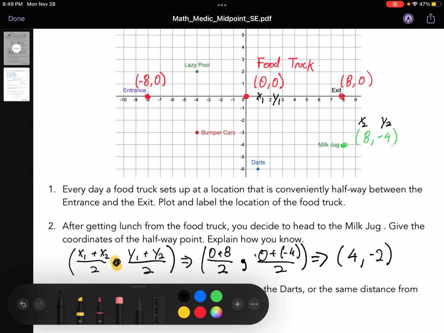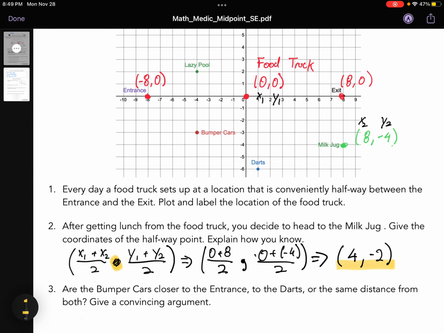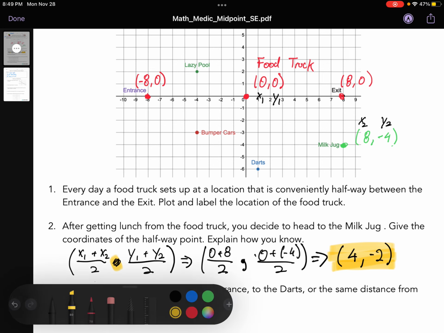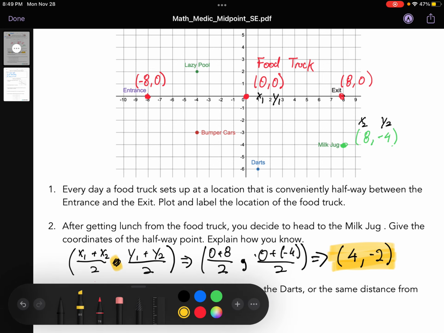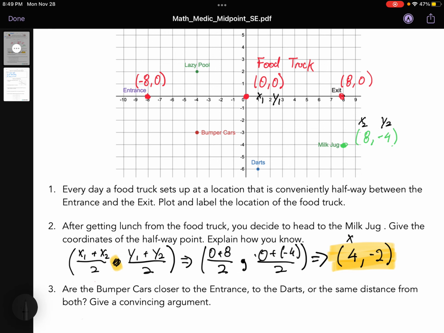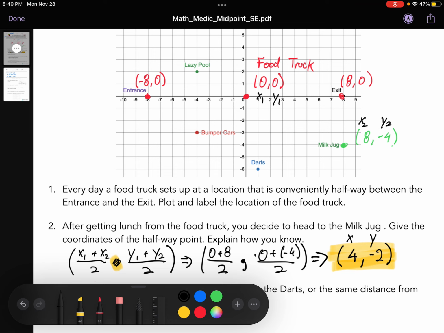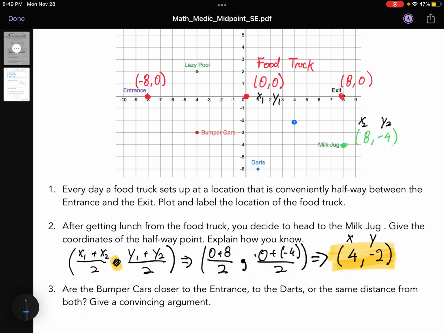This is our answer. We do not add or subtract these two numbers. What we get here is an x and a y value for our midpoint. We can plot this. Our midpoint is at 4 comma negative 2. That is our midpoint.